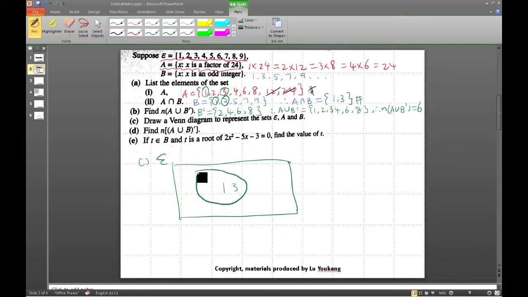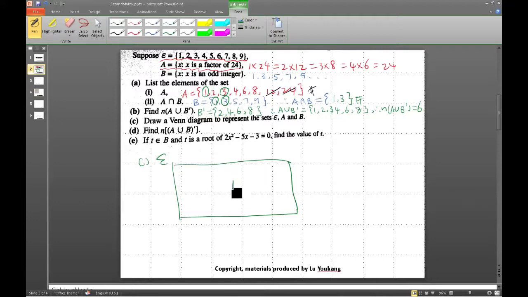We found it in part A, 2. 1 and 3 are shared between A and B. Therefore, you should see me drawing two circles. But I don't think this is a good way to represent A and B. Therefore, let me erase it and redraw it so that it can be better represented.